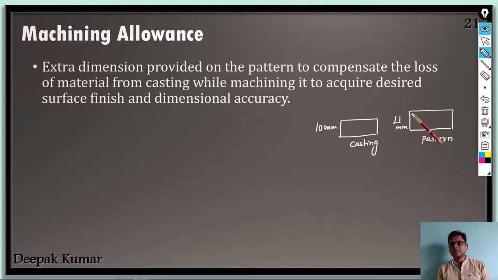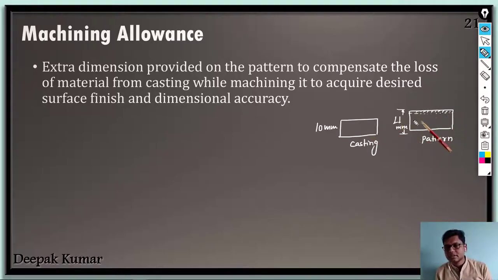This 1 mm which is increased here is to compensate, because we are going to machine the casting. If the solidified casting is this one, then we will remove this extra material and we will get the exact size.